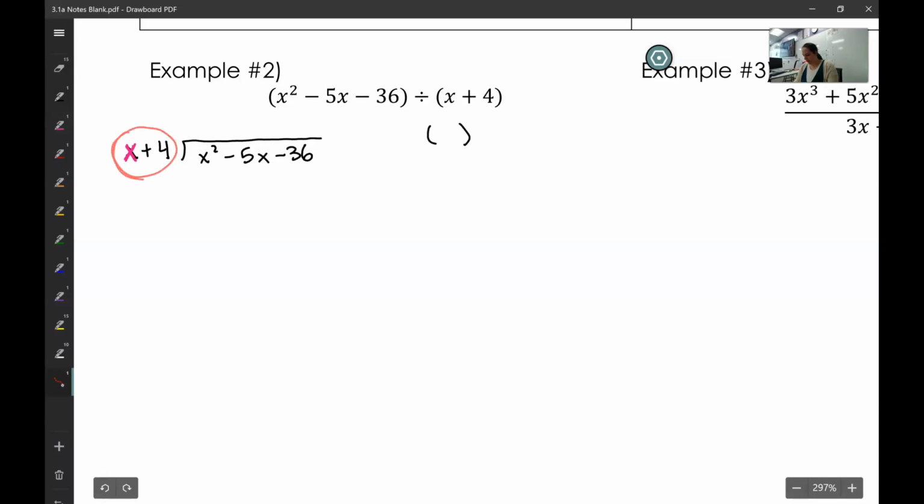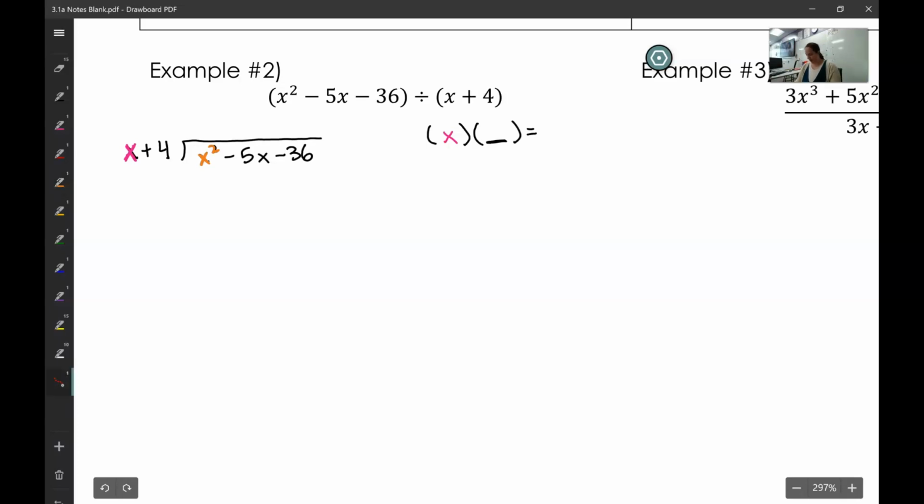So right here I have x plus 4. I actually am going to ignore the plus 4 for just a little bit and only use the x. I'm going to think, x times what is going to equal the first part in the division.